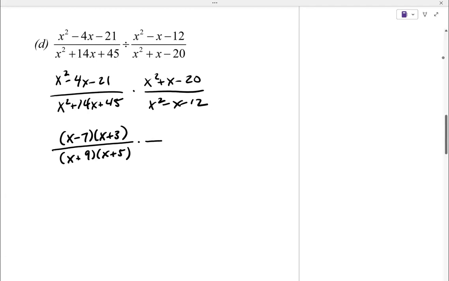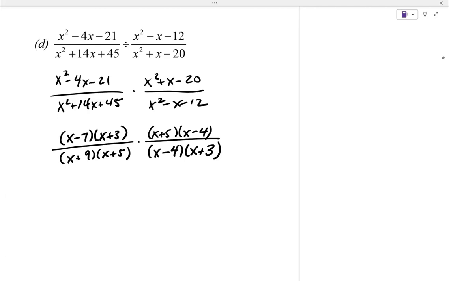Second numerator. Good. And second denominator. Good. Are we okay with the factoring? If you don't get the factoring, you can't do the rest of it, right? We okay with the factoring?